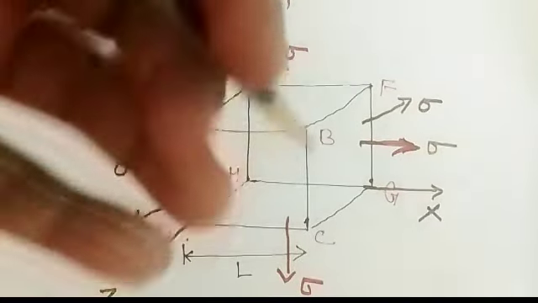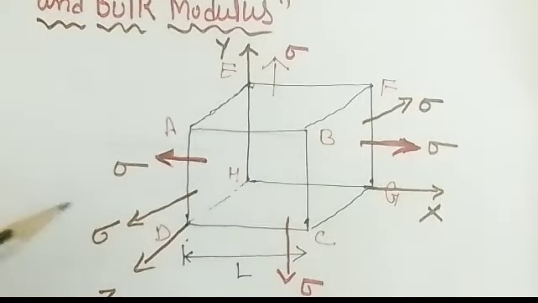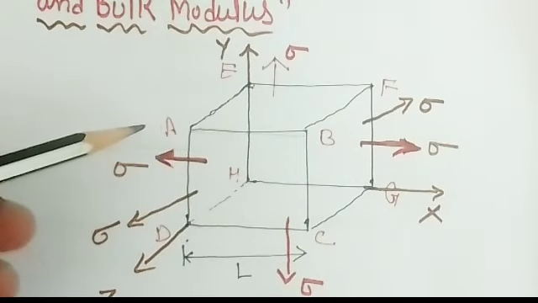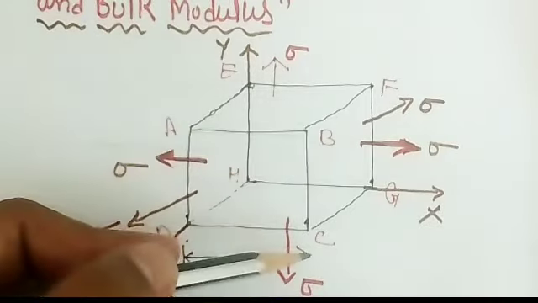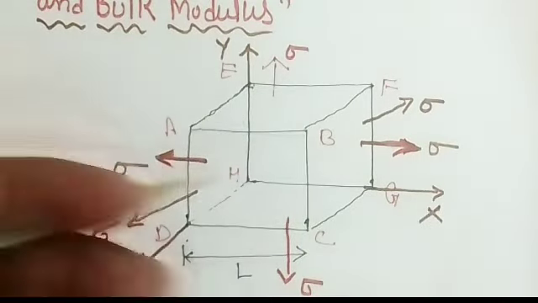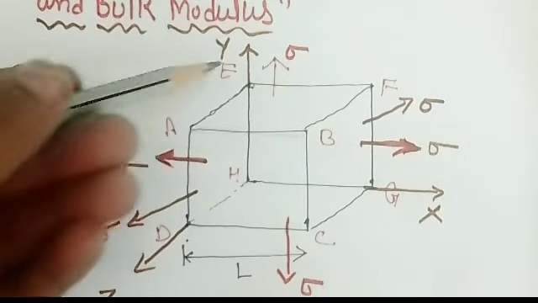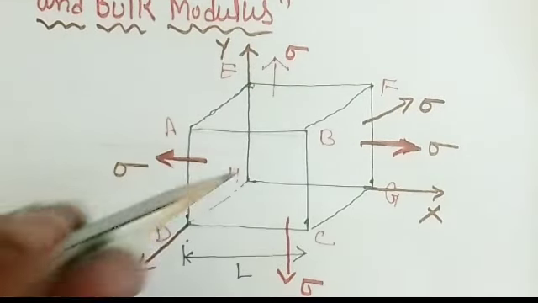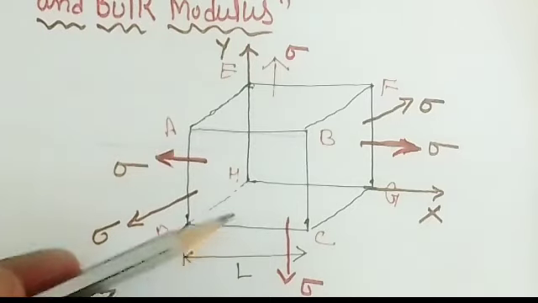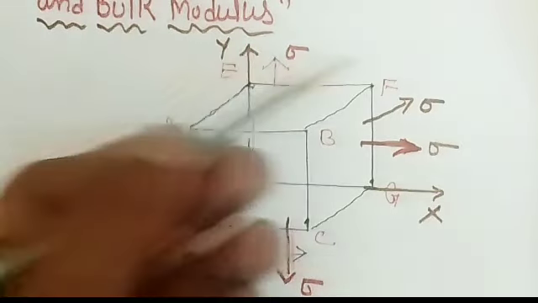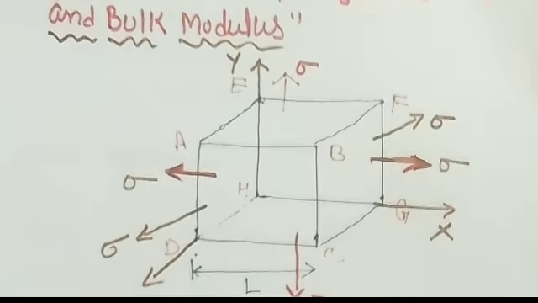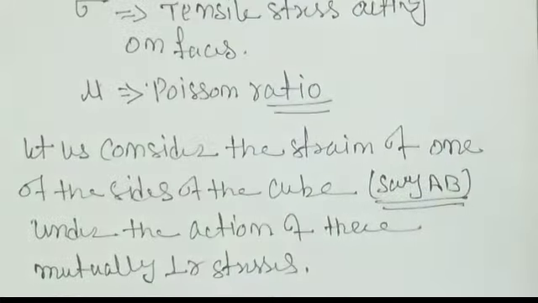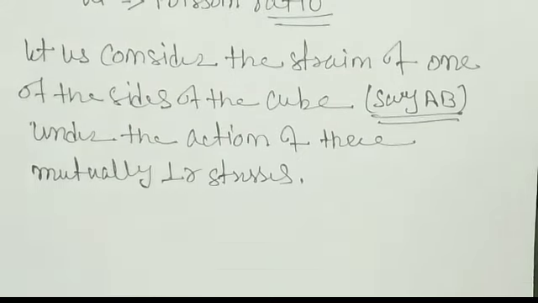It means that the strain on the faces AEHD and BFGC will be tensile, but the strain on the faces AEBF and HDCG, as well as ABCD and EFGH, will be compressive. So now there are three possibilities here, and you can write all of them.